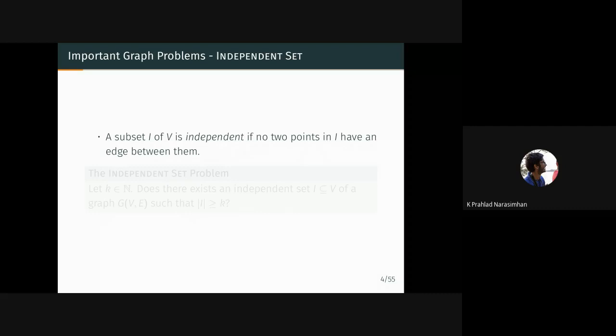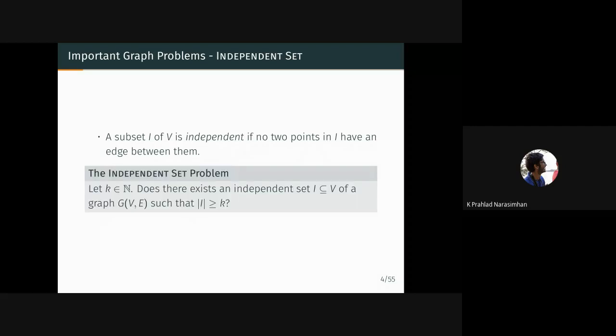Let's look at a couple of important graph problems. Why they're important we'll get to later. The first one is the independent set. Just remember this because we will use this at the very end of the talk. So what's an independent set? A subset I of V is called independent if no two points in I have an edge between them. Fairly simple definition.